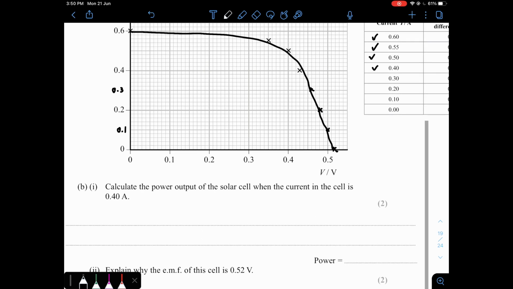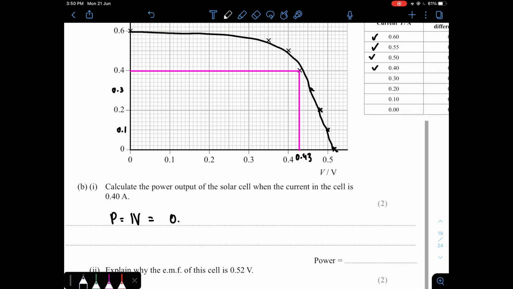So when you go across, you go up here and go across. 0.4 amps, sorry, that is 0.43. So we know P equals IV.